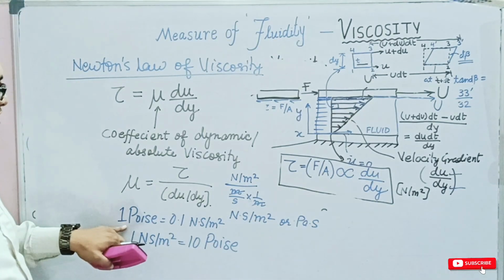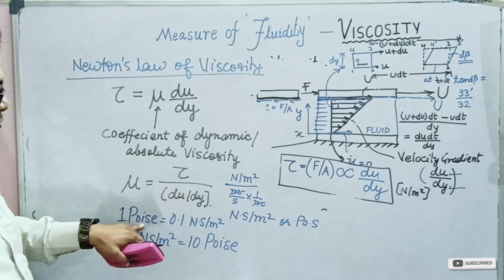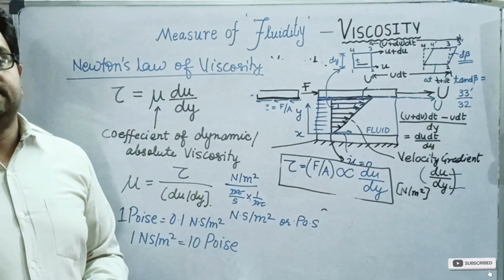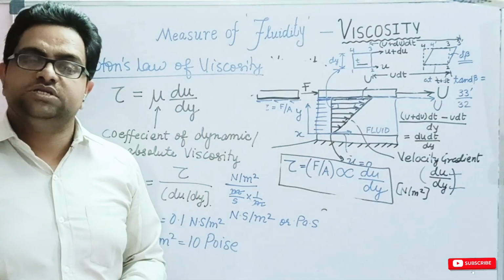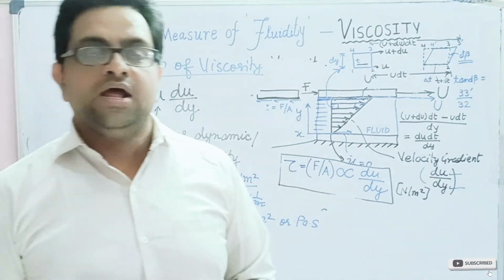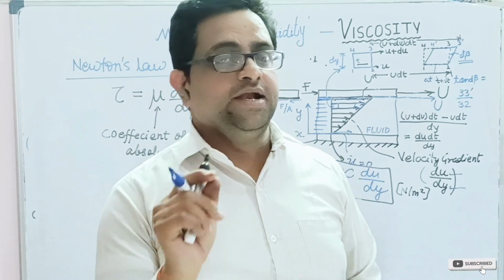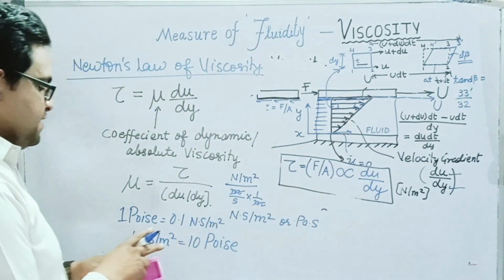So 100 times the poise is what we call centipoise, and the viscosity of water is equal to 10 raised to the power minus 3 Pascal second, or 10 raised to the power minus 2 poise. You remember this?